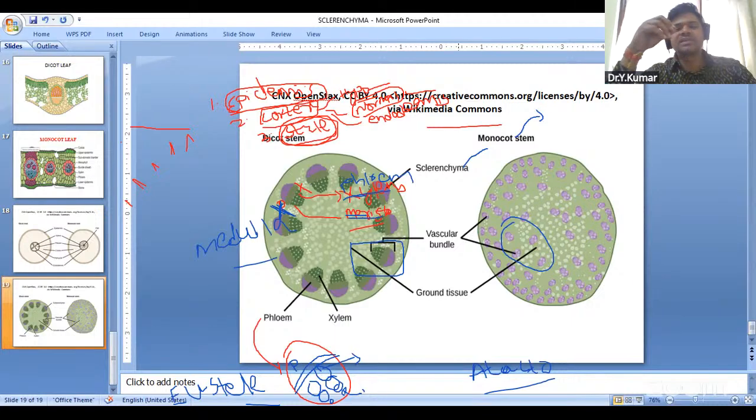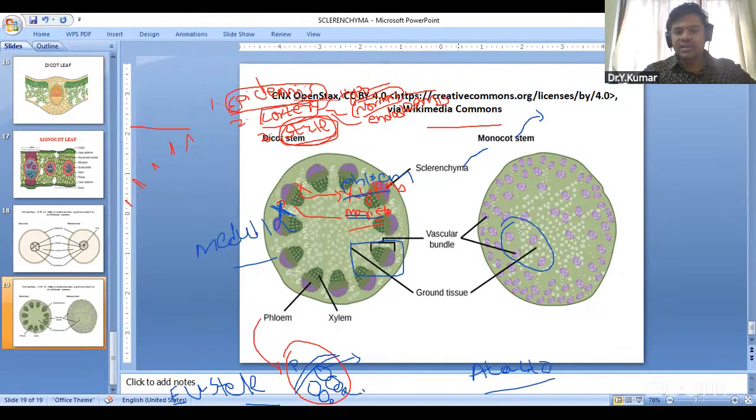That is not possible if a thin, weak stem is present; it cannot bear such branches. That's why the weak stem needs to enlarge and improve, and shows radial growth. The radial growth of the stem is called secondary growth.